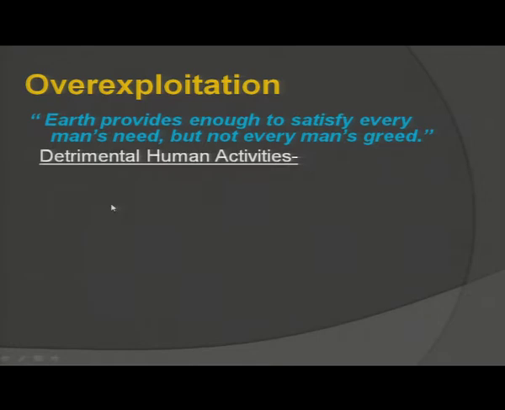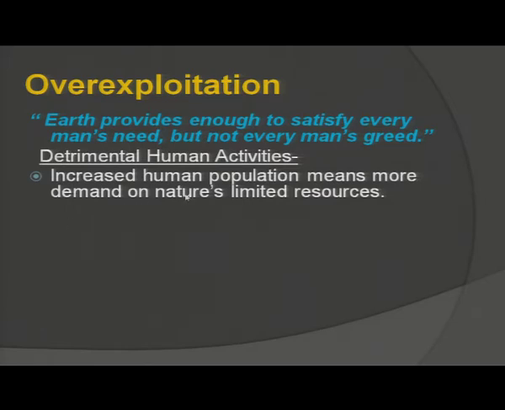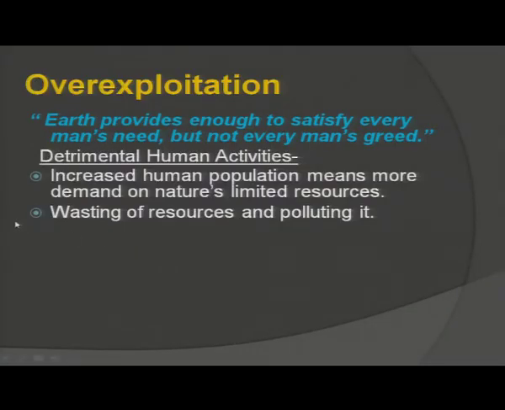So, there are many detrimental human activities which we have discussed, which we see in our daily lives. The increased human population, basically the population is increasing day by day, especially so in India, and more population means more burden on the resources, and more burden on the resources will automatically lead to over exploitation. Secondly, we are wasting the resources and we are also polluting the resources.